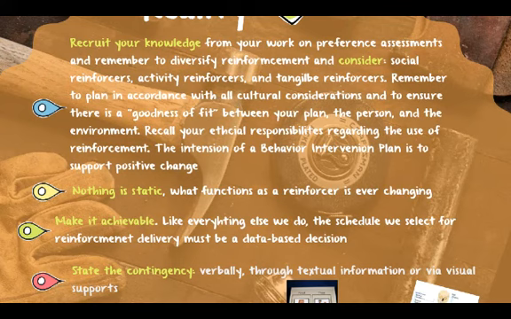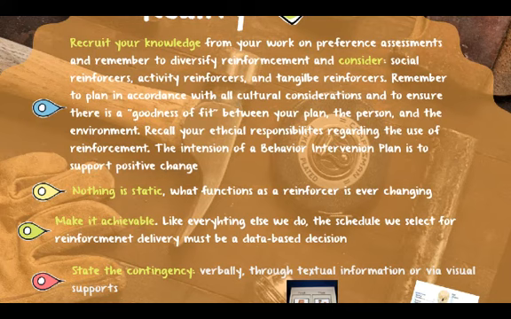Now, the second point: nothing is static. I've said it already. What functions as a reinforcer is ever changing. We're constantly moving through various motivational states. We're under conditions of satiation and deprivation all the time. Those kinds of things bounce around, they move around. What we find as things that are preferable is constantly changing. It changes in our lives all the time.